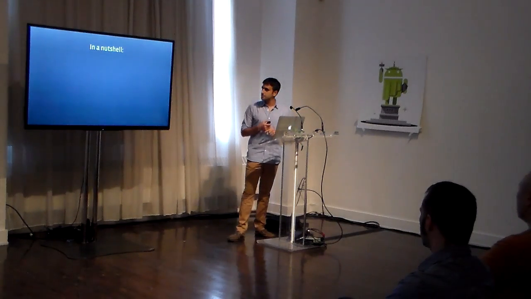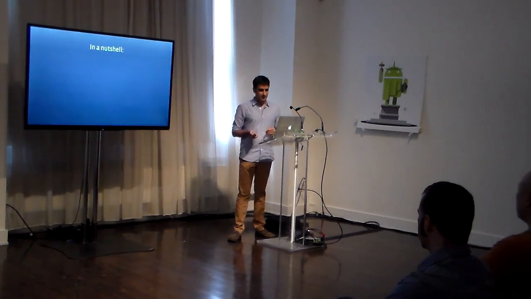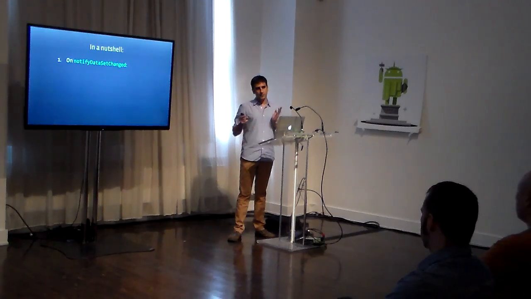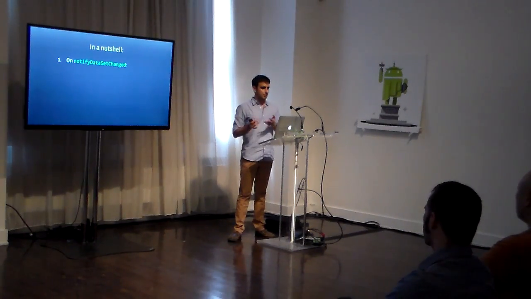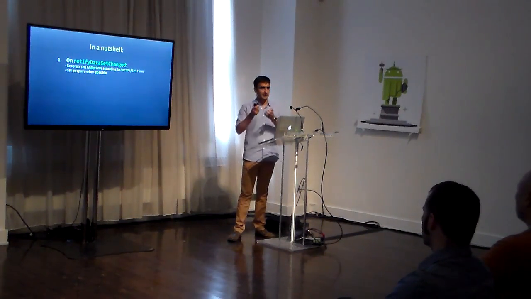Alright, so to sum up in a nutshell what goes on in the newsfeed, there are three things you need to do to get this working. Whenever notifyDataSetChanged is called, you want to generate all the unit adapters for your objects, and you do this by getting the right root part definition and recursively generating the binders.